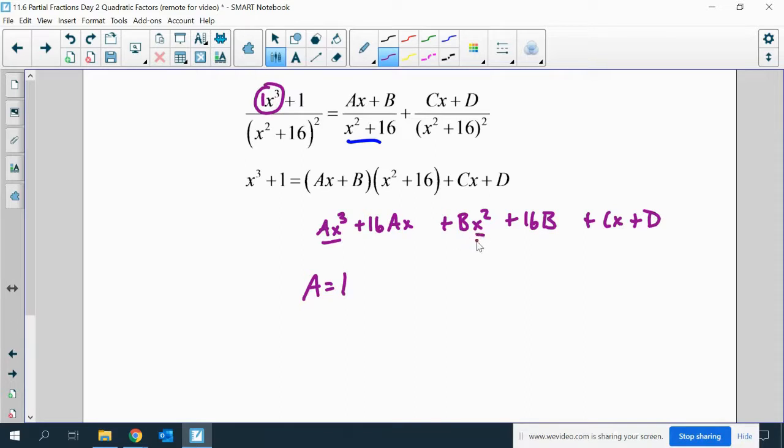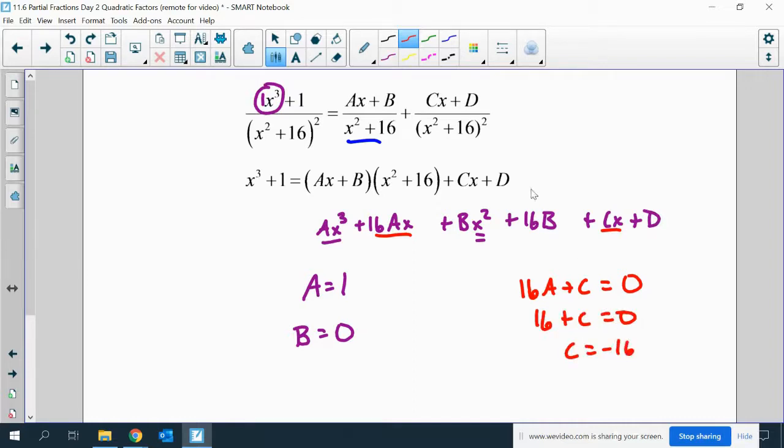There's only one x squared term, so b must equal 0 since there are no x squareds up here. Then I have 16ax and cx, so I have 16a plus c. That has to equal 0. So if I know that a equals 1, that means c equals -16.